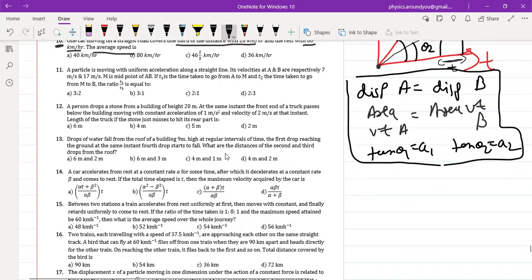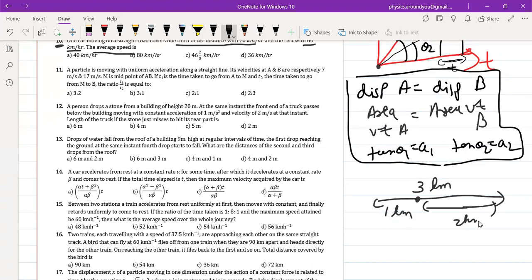So let the total distance be 3 kilometers, because one third is asked, so I can conveniently calculate one third of 3 kilometers. One third of 3 kilometers is 1 kilometer. The rest would be 2 kilometers.